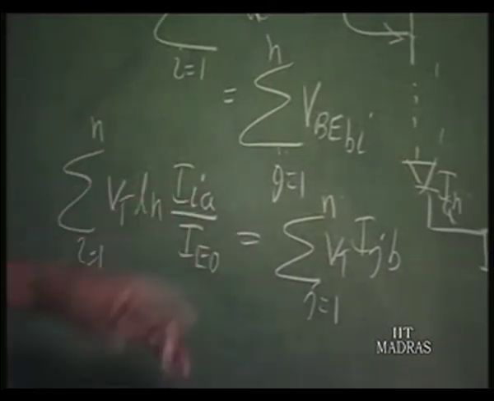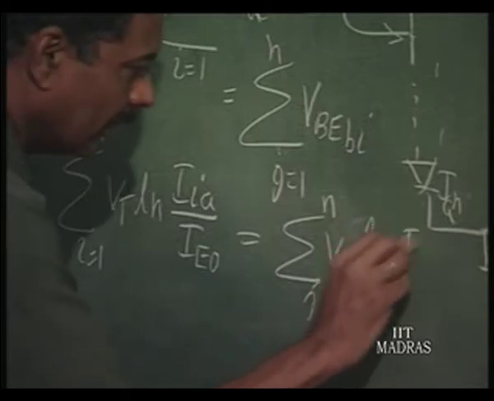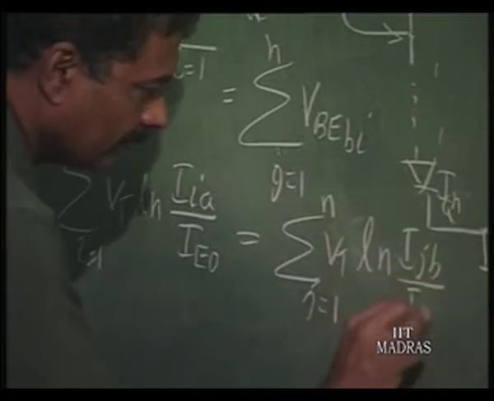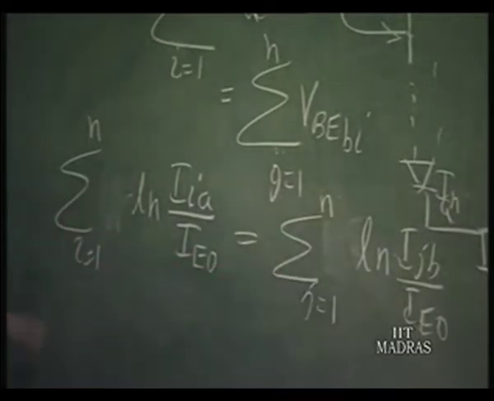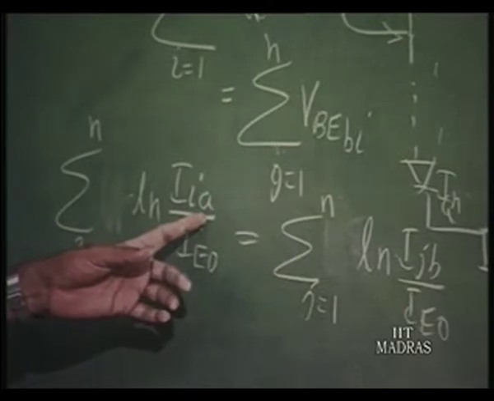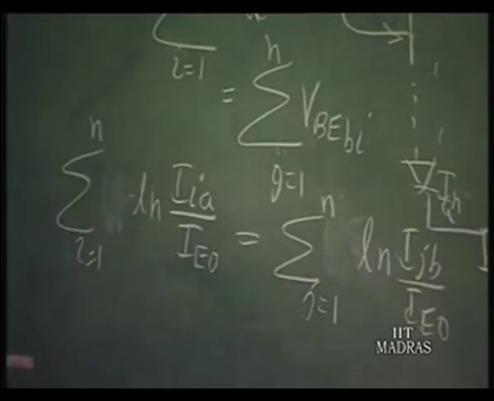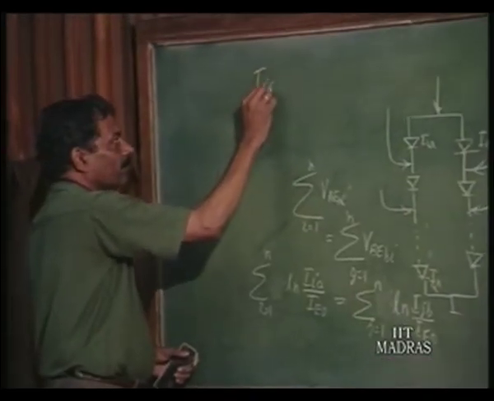So, these Vt's get cancelled. Logarithm of sum of these products, sum of these is equal to product itself.